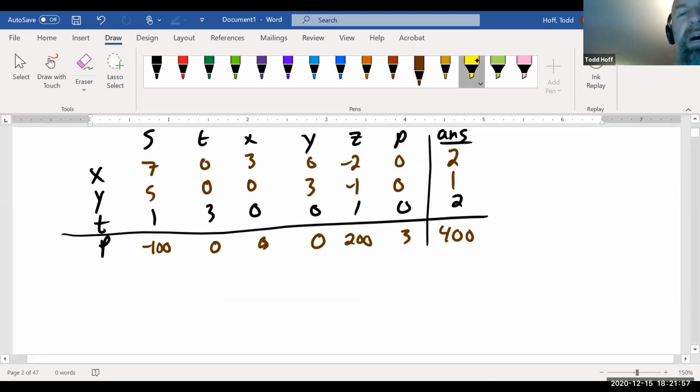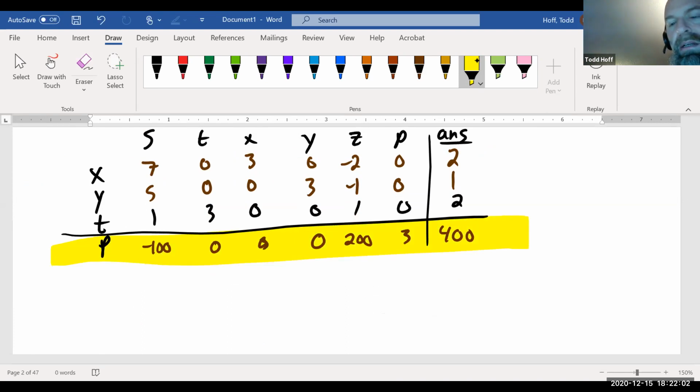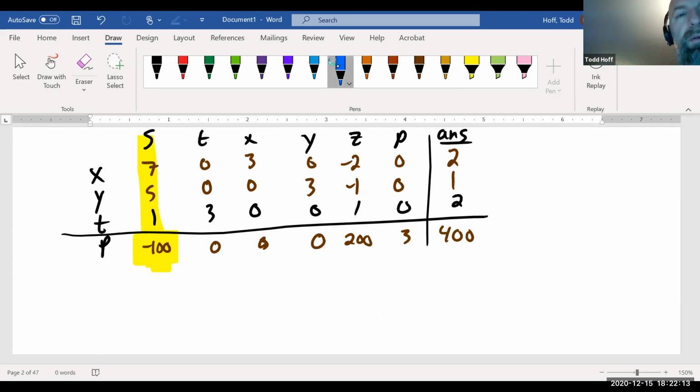To tell if we're done or not, we always look at the bottom row. That bottom row still has a negative number in it, namely the negative 100. So that means we're going to be pivoting around that column, column S. We need to find our pivot row. We're going to do our test ratio.